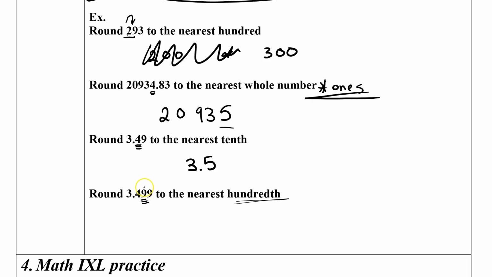Since this 9 right here in the hundredths place needs to round up, that means that we have to bring this tenth all the way up as well. So it would become 3.50. And the reason why it's 50 is because we need to round it to the nearest hundredth. So this would be the tenths column, and this would be the hundredths column.